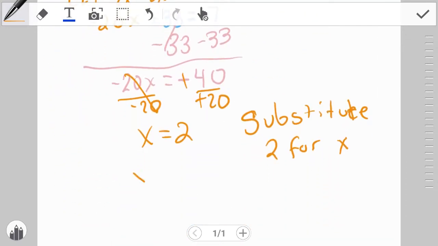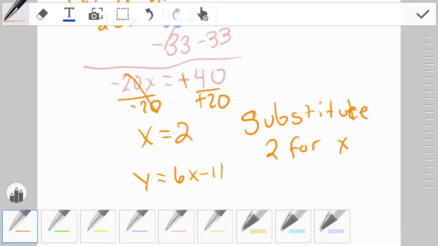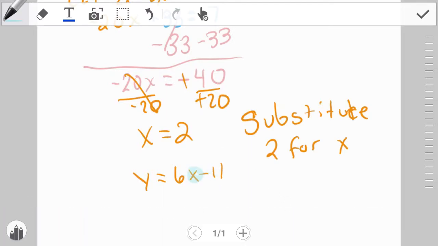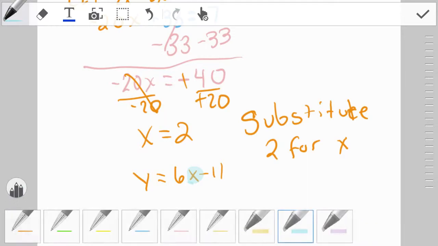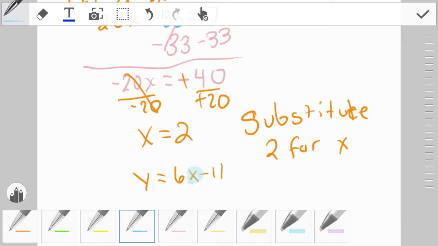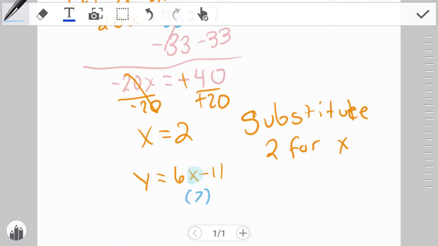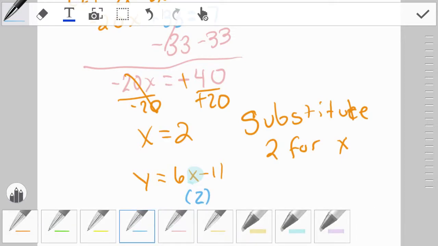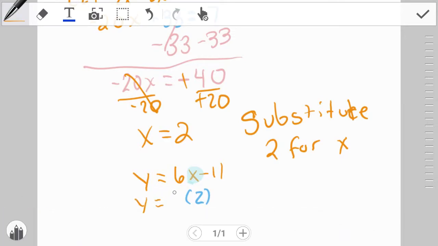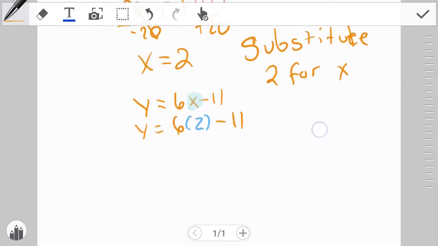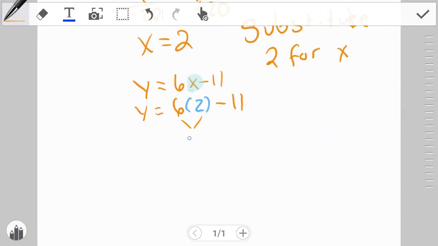So now we're going to take y equals 6x minus 11, and we're going to replace the x with 2. So I'm going to have a 2 here in place of x. We're going to keep the y equals and the 6 times 2 minus 11 the same. 6 times 2 is 12 minus 11. 12 minus 11 is 1.